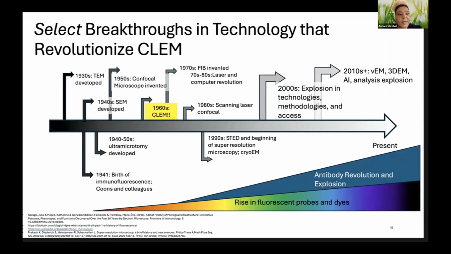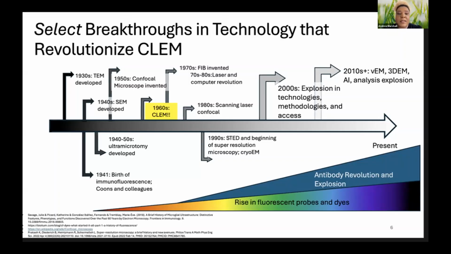In the 40s and 50s, you also see the development of ultramicrotomy, which allowed for ultra-thin sectioning and better sample preparation. You also see in the 1950s the development of confocal microscopy, which then all collectively led to the development of CLEM in the 1960s.